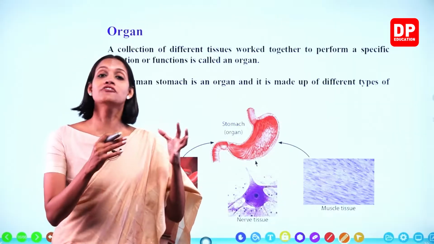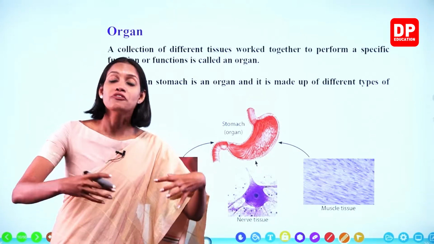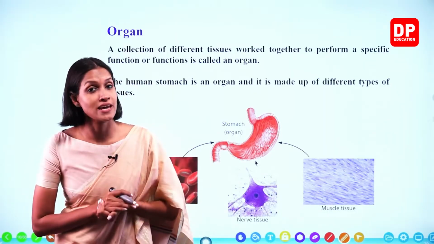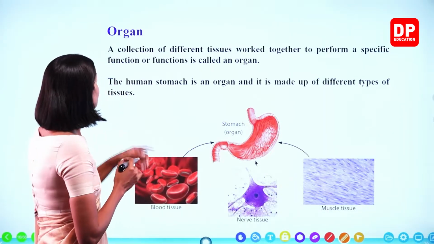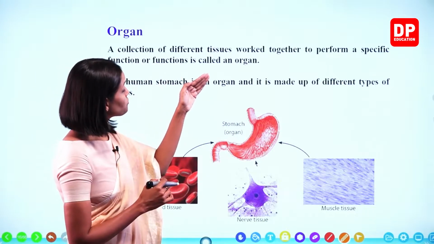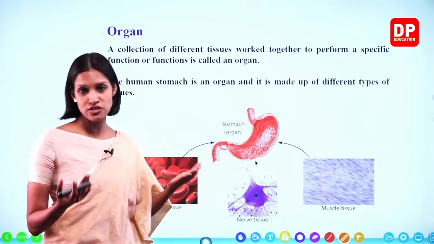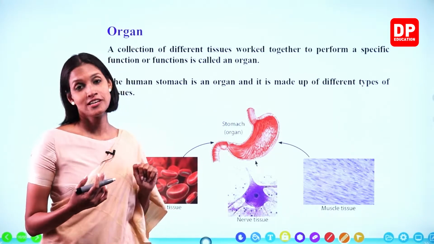A collection of a group of cells is known as a tissue, and a collection of different types of tissues is known as an organ, right? A collection of different tissues works together to perform a specific function or functions. There can be a number of functions other than only one function, right?